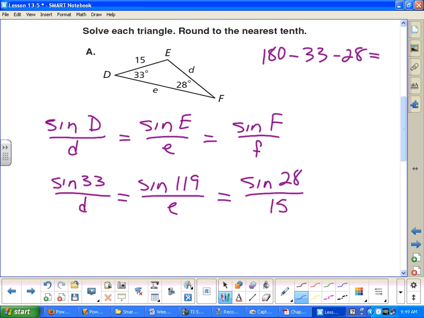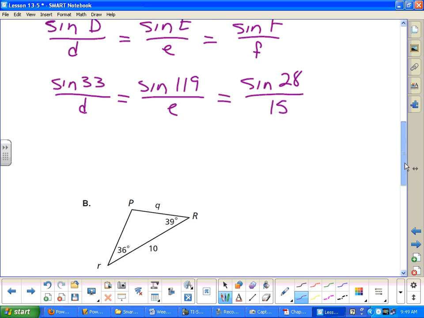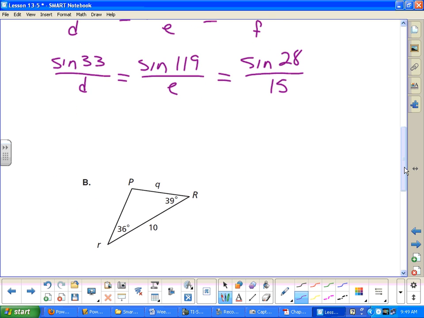So we plug in what we know. At least one of those ratios has to be complete. One of the three has to be complete. And then we take the one that's complete with the other two and solve. So I'm going to do sine of 33 over D equals sine of 28 over 15.